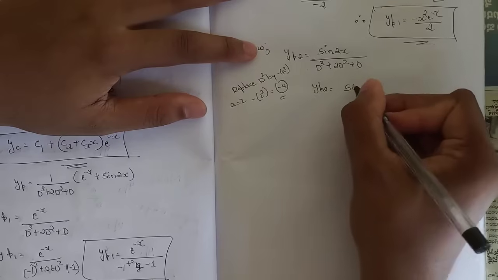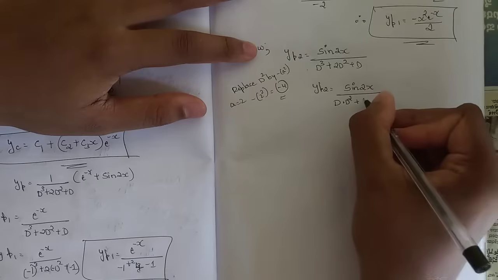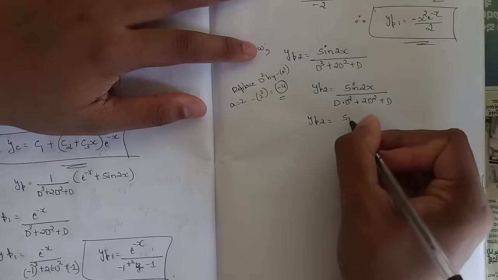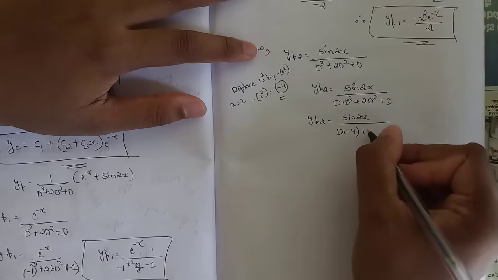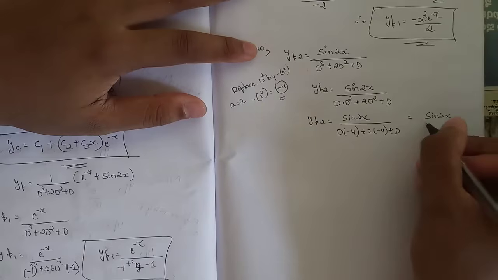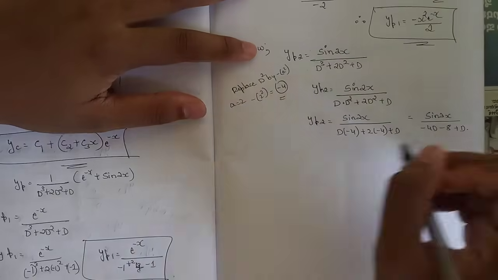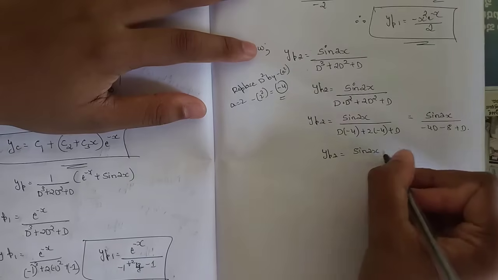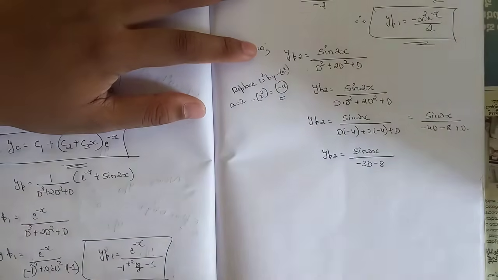So we can write it as sin 2x divided by D into D square plus 2D square plus D. Sin 2x is equal to D into D square, which is minus 4, plus 2 into minus 4 plus D. So this would be sin 2x divided by minus 4D minus 8 plus D. Finally we get yp2 as sin 2x divided by minus 4D plus D, that is minus 3D, and the remaining term is minus 8.